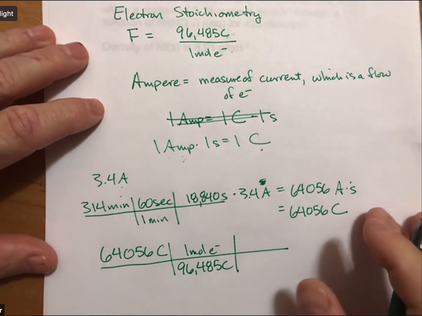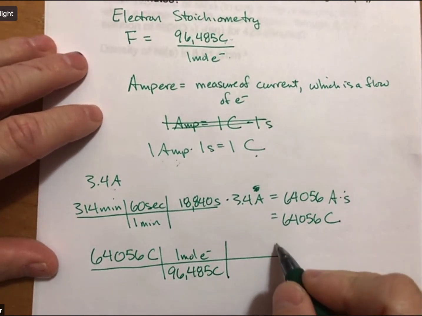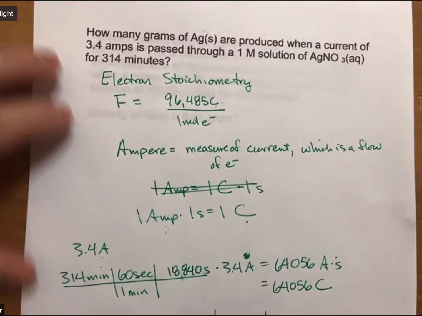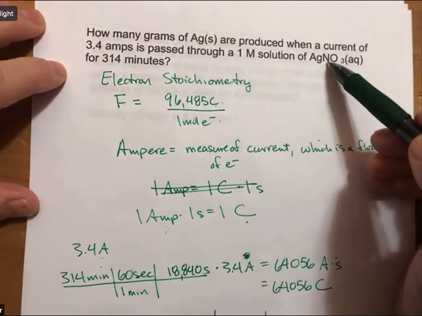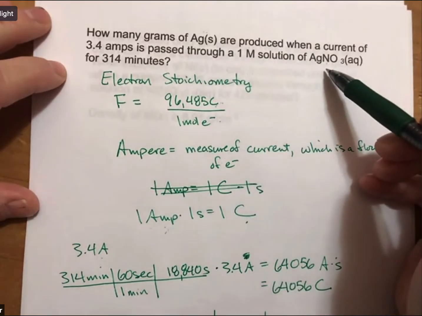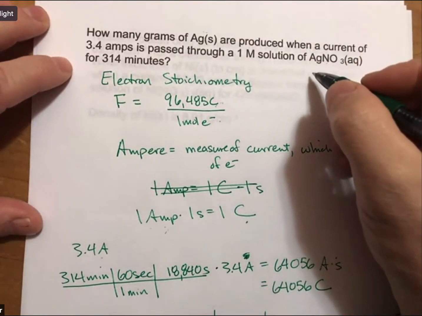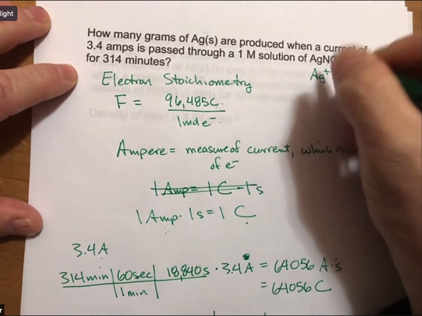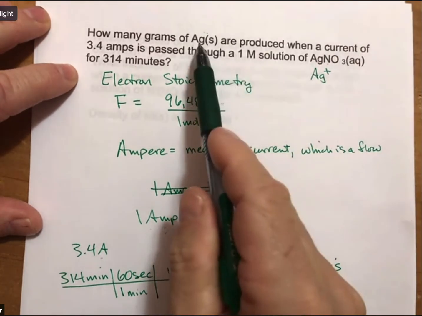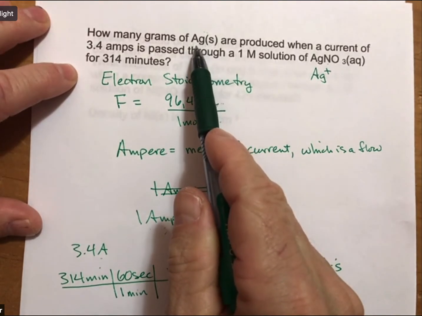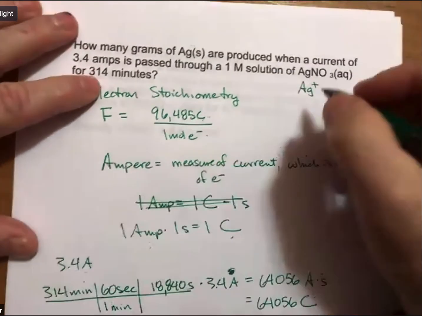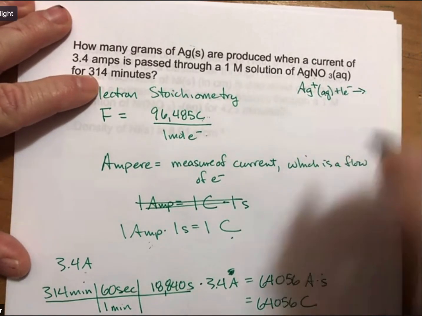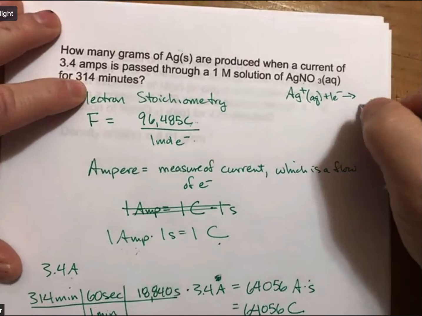And now if I'm going to do the next step, which is a mole to mole ratio, I need to know what the half reaction is here. I'm starting with silver ion. I am going to silver solid. My half reaction will be silver ion plus 1 electron goes to silver solid.